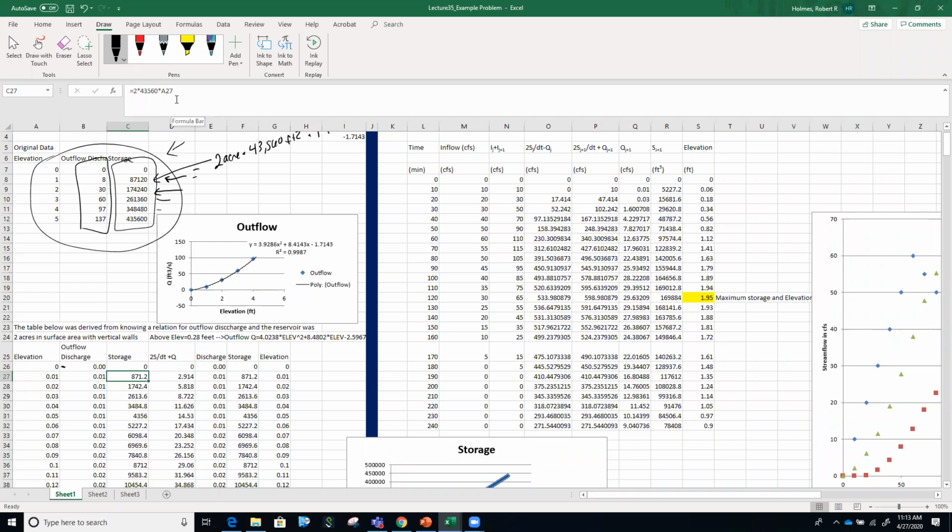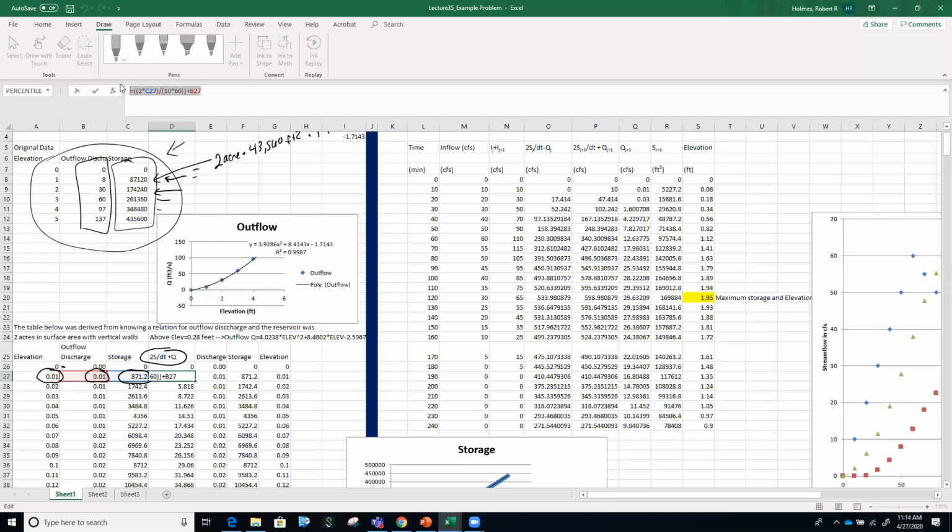Then, to come up with the storage outflow function, for every elevation I've got a value for the outflow discharge and a value for the storage. I can put those together knowing that delta T is equal to 10 minutes, which I convert into seconds. You can see the equation up here at the top.